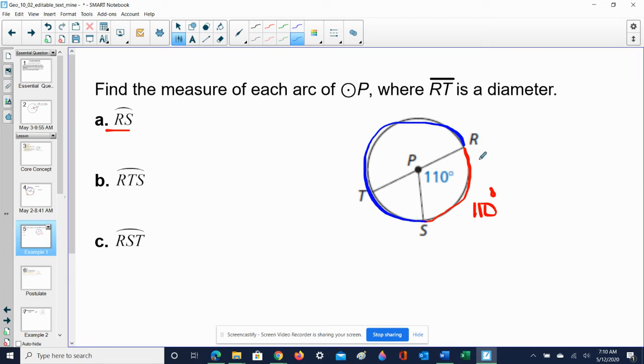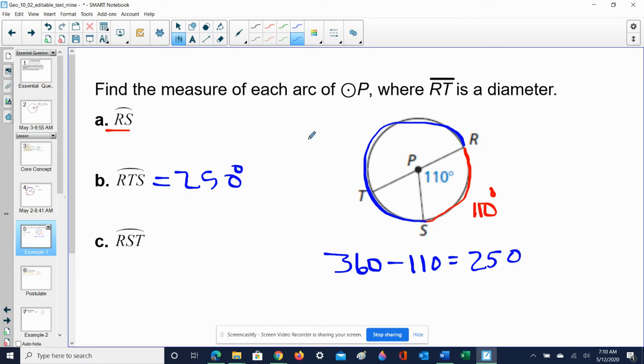Well, a whole circle's 360. 360 minus 110 is equal to 250. So arc RTS is equal to 250 degrees.